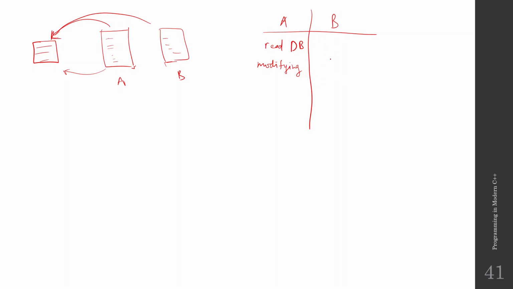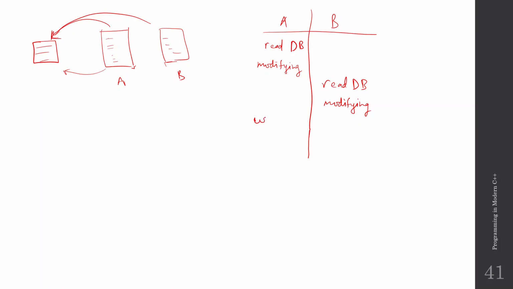Meanwhile, what happens is that since both are happening in parallel, B also reads the database. Okay, and B also starts modifying.